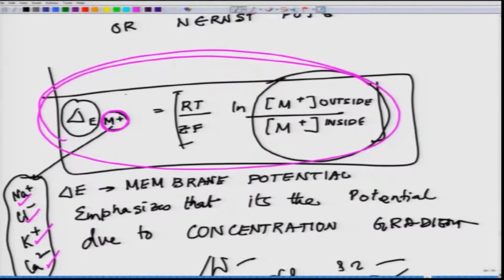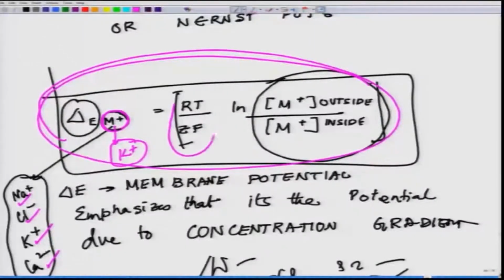In this situation we are talking about potassium. If we use this analogy, I already told you that E0 will become 0 because on both sides it is the same E0 we are dealing with. So, this is the expression which is going to govern the membrane potential.